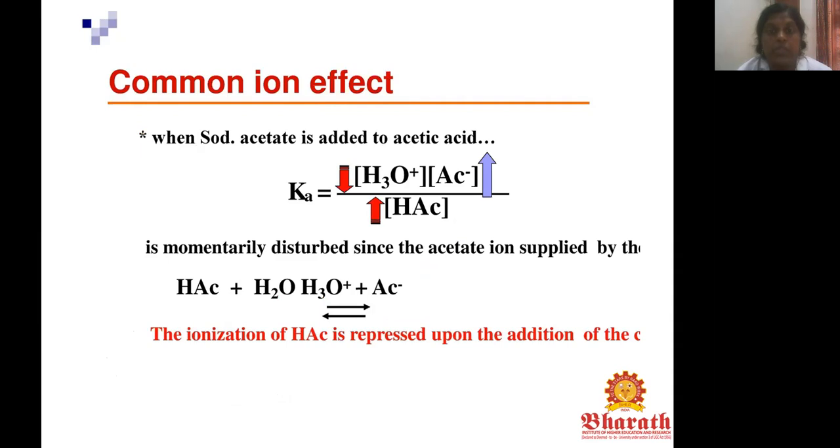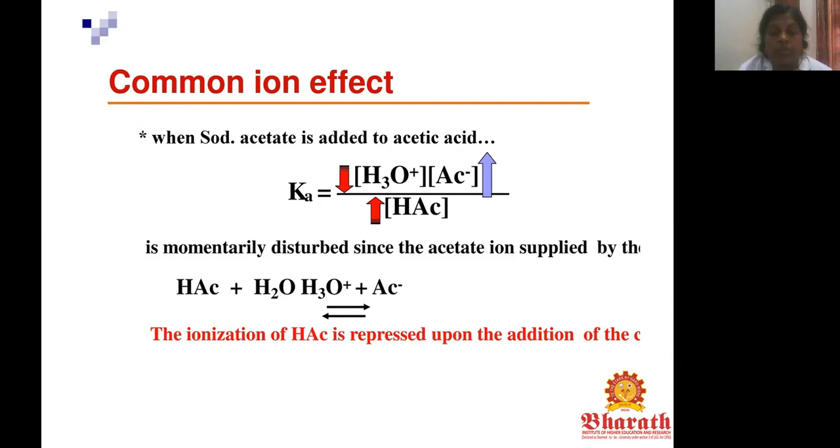When sodium acetate is added to acetic acid, the Ka, which is [H3O+][Ac-] divided by [HAc], is momentarily disturbed since the acetate ion is supplied by the salt, which is the common ion effect.